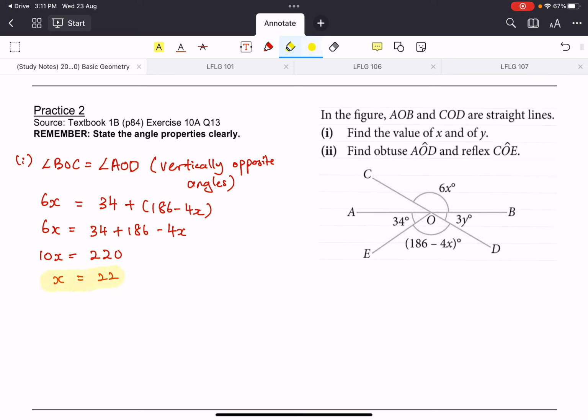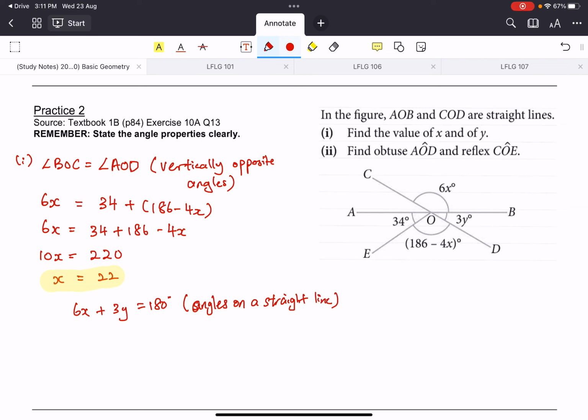Now we can proceed to find the value of y. So how to get y? Once again, observe. Then we can do something like, okay, 6x plus 3y is going to be equal to 180 degrees. But of course, we should always explain why that is so. This is angles on a straight line, right?